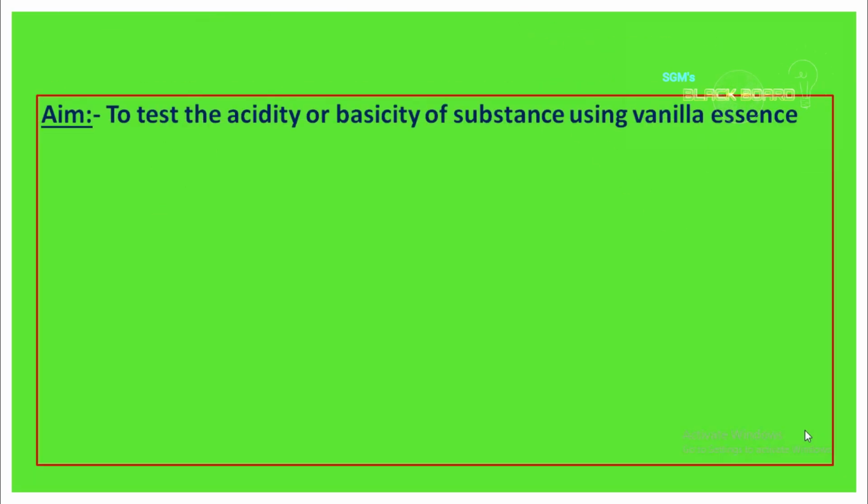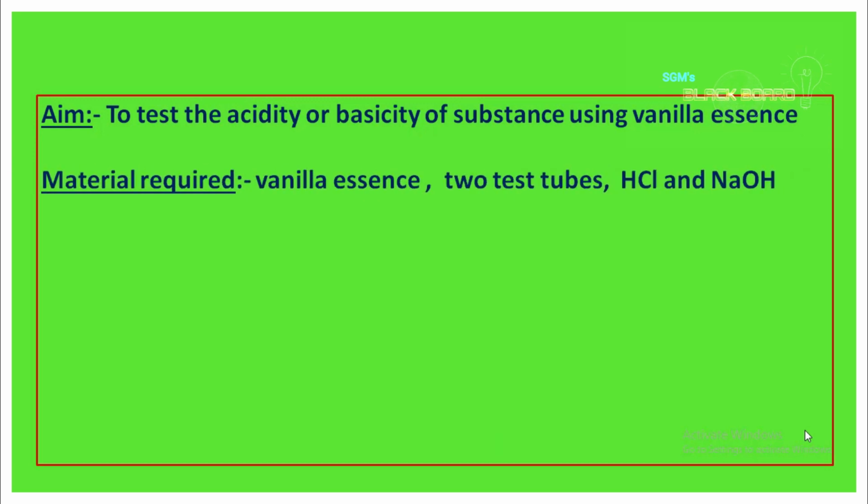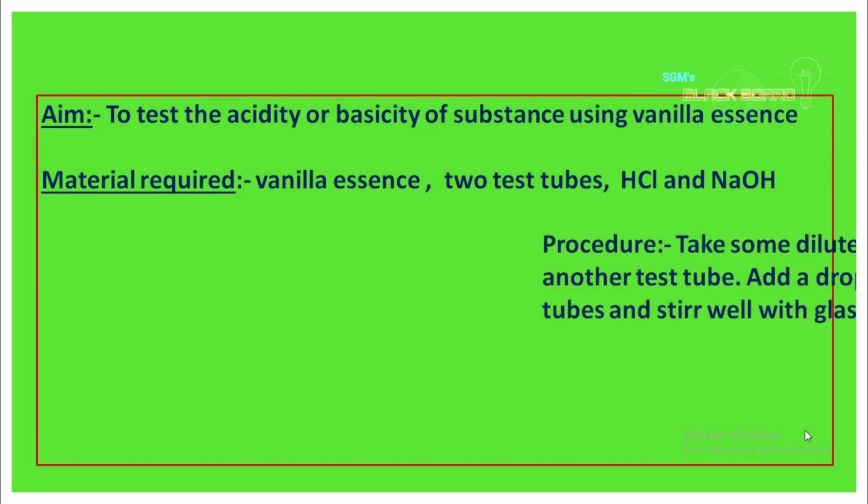Now we can also test the acidity and basicity by using another olfactory indicator, that is vanilla essence. For that, the materials required are vanilla essence, 2 test tubes, hydrochloric acid and sodium hydroxide, which is a base.